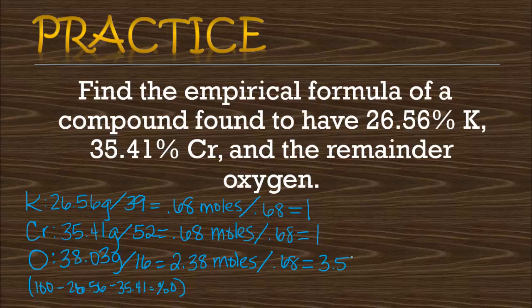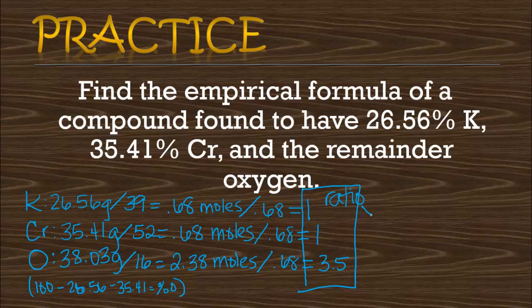3.5. Now remember, I said if something ends in 0.5, we have to multiply everything by 2. So once we get to that ratio stage, so here are my ratios. Once I hit the ratios, not earlier, we don't care about what these end in because we're going to divide them again anyway. But once we get to our ratio, we know we can't have half of an element.